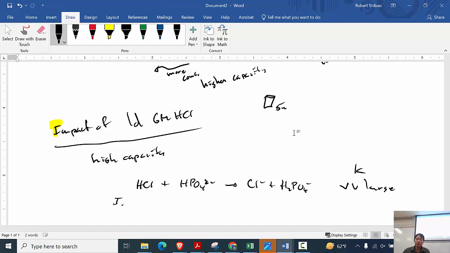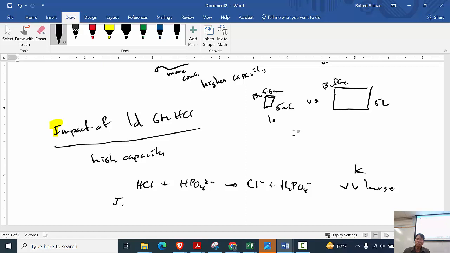So we go 5 milliliters of buffer versus 5,000 milliliters, or 5 liters, of buffer. And the 5 liters of buffer is definitely going to have a larger capacity.